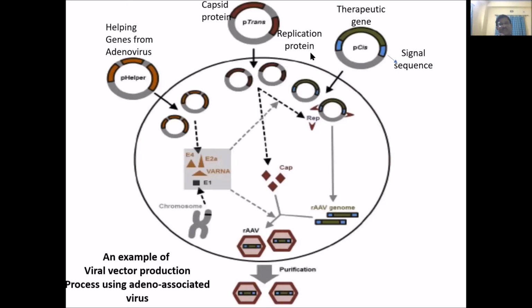Say, for example, this adeno-associated virus, being single-stranded DNA, contains a therapeutic gene here; then it must combine with the adenovirus genome before it can package itself in a competent vector that can carry the transgene. So here you can see the genes of the assisting adenovirus, that is this one, the capsid protein.